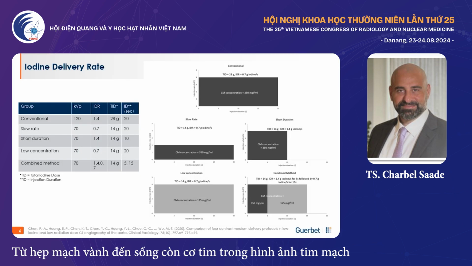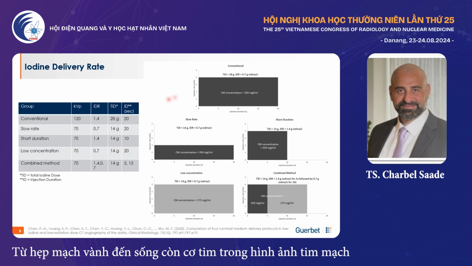So there is a lot of controversy happening these days, especially when we come to look at the iodine delivery rate. In this study that was published in 2020, they looked at coronary CTA protocols: conventional CT at 120 kVp versus slow injection rate, short duration or fast injection, low concentration, or a combined method.